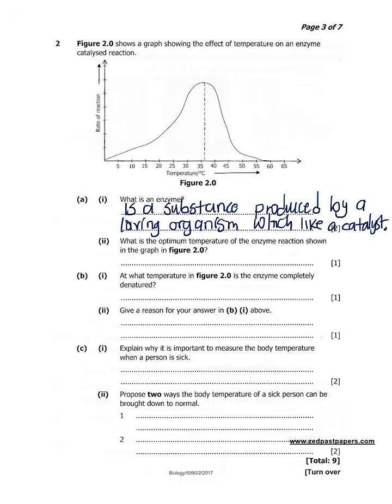Okay, so now we can move on to Roman number 2. What is the optimum temperature of the enzyme reaction shown in the graph in figure 2.0? The optimum is the temperature where the enzyme is operating effectively, or it is the best point.